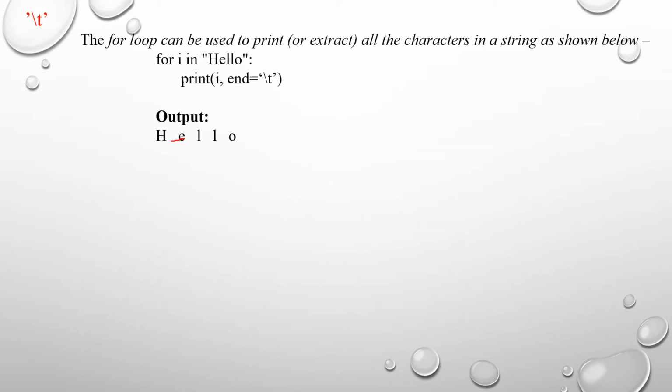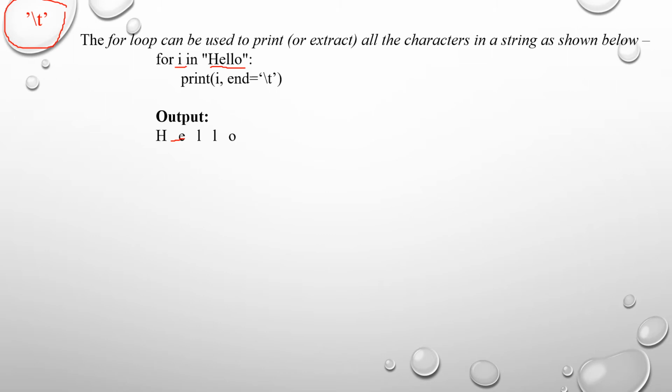In a for loop, we can extract all the characters in a string by using end equal to backslash t. For example, for i in "hello": here for and in are the keywords, the variable name is i, and this is the string value. The string is hello.